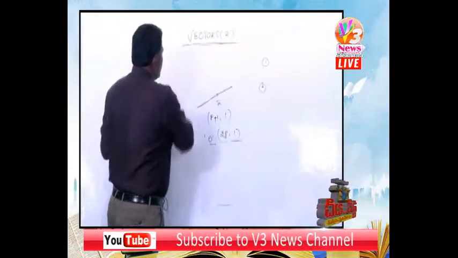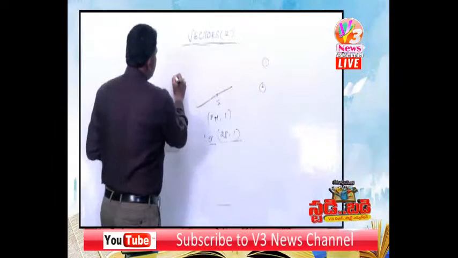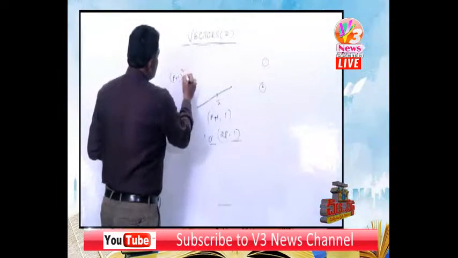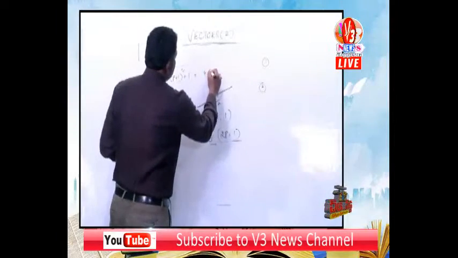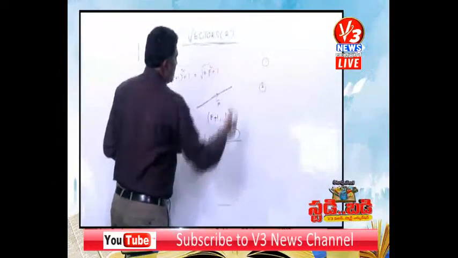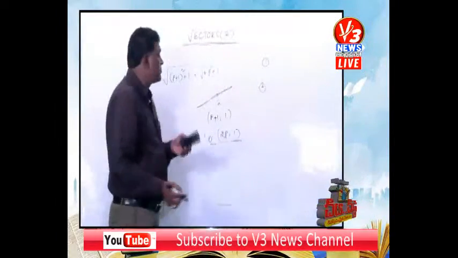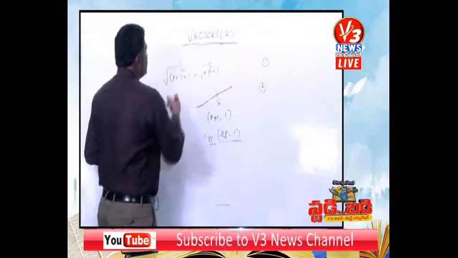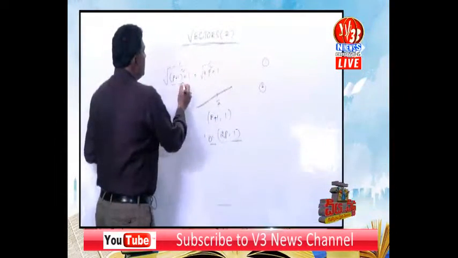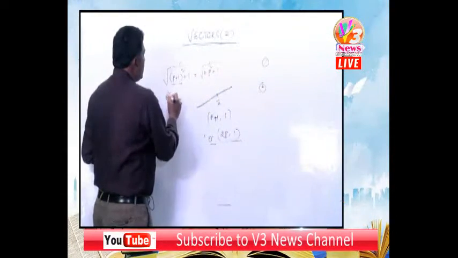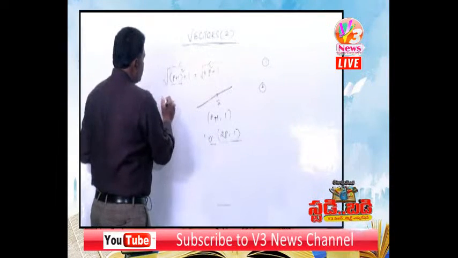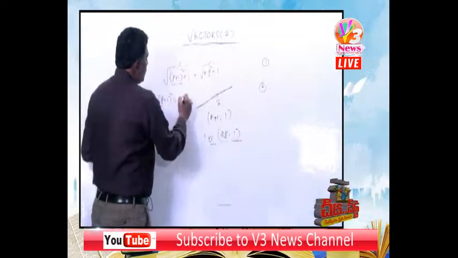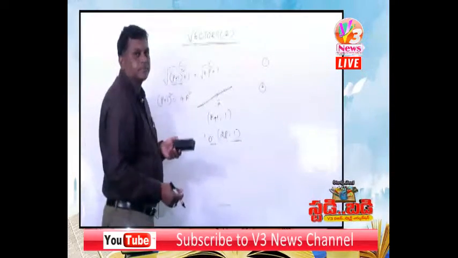Applying this here, before rotation the magnitude is under root of p plus 1 whole square plus 1, after rotation the magnitude is under root of 4p square plus 1. Equating both of them and squaring both sides, 1 cancels, and p plus 1 whole square equals 4p square.